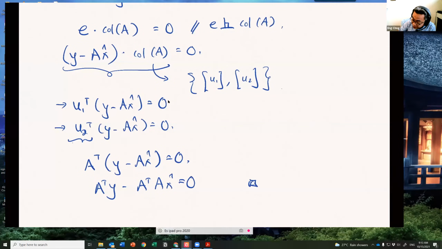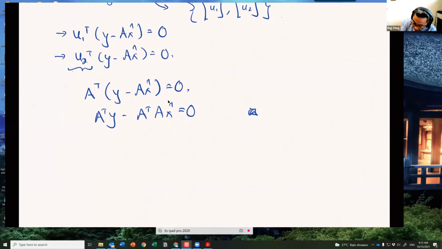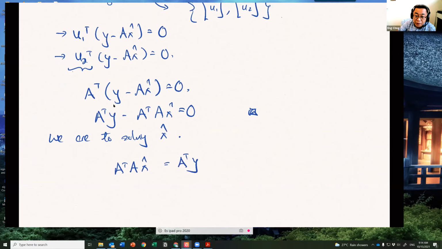So we have derived the normal equation. What are we trying to solve? We are trying to solve for x hat. A transpose A x hat equals A transpose y. We just bring this term across to the other side.